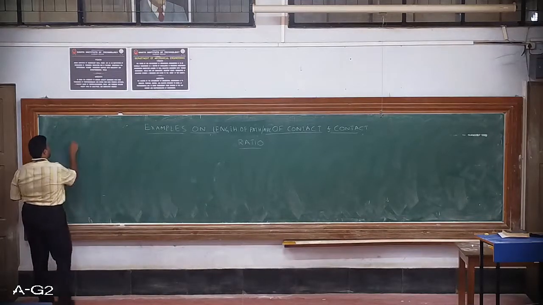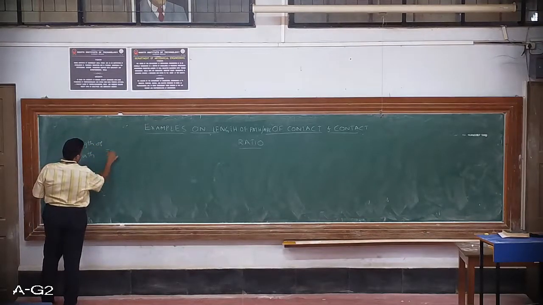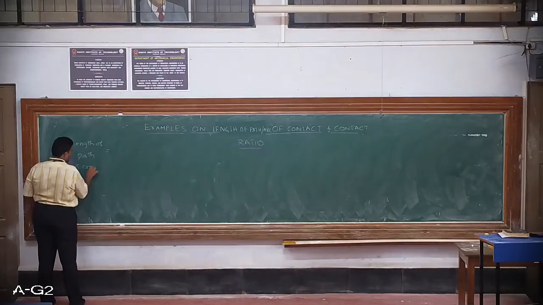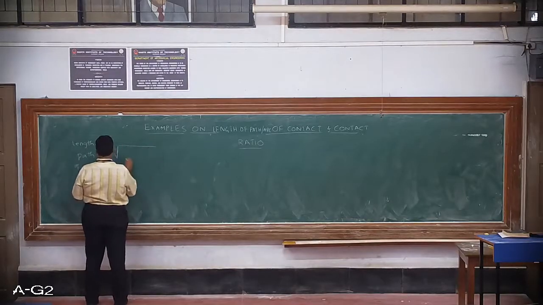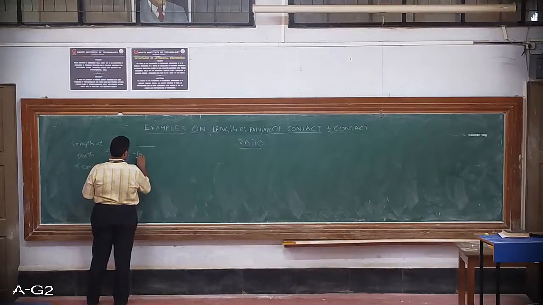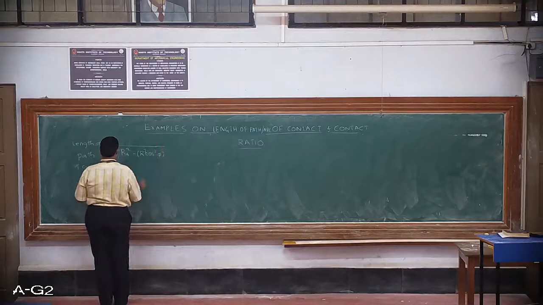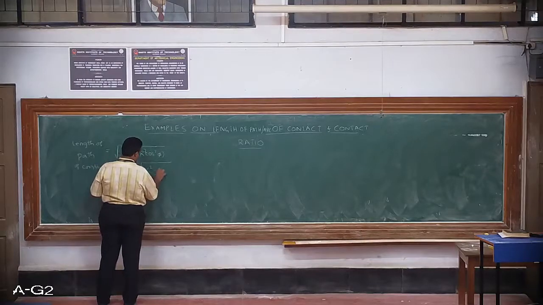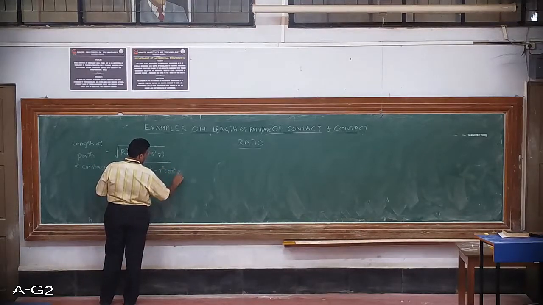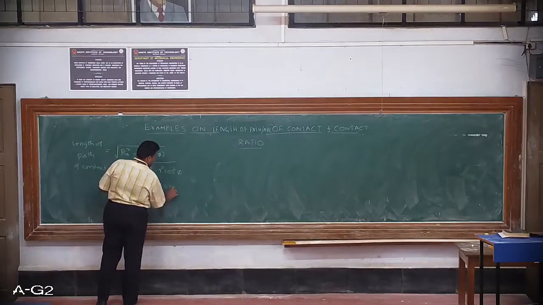So the equation to determine the length of path of contact is given by this equation, that is root of RA squared minus R square cos square phi plus root of RA square minus R square cos square phi minus R plus R sin phi.